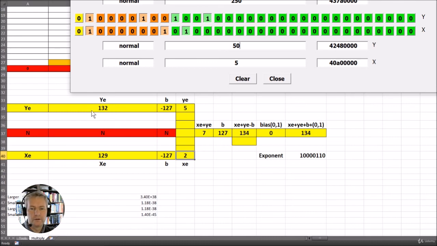So we looked at 132 minus 127 and 129 minus 127, and when we added both of those together we subtracted off the 127 here. So the two different ways of looking at it just depends on whether you look at it in terms of the biased exponent here or in terms of the unbiased exponent. So as I said, most of the stuff we'll be working through will be in terms of this unbiased exponent, because that's what we want to get access to.